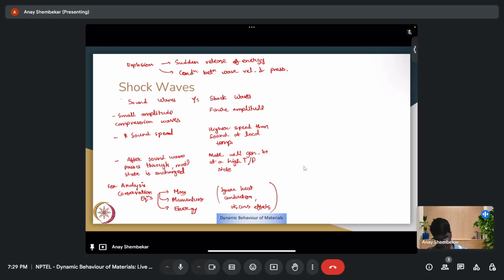This feeds into what could be adiabatic and reversible thermodynamics, when we say ignore the heat conduction and viscous effects.